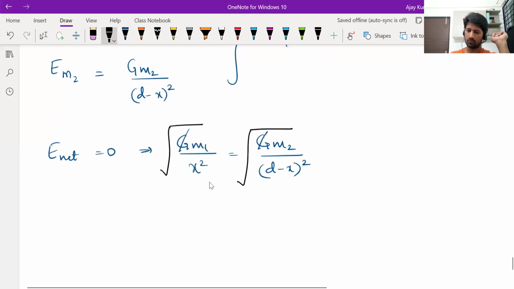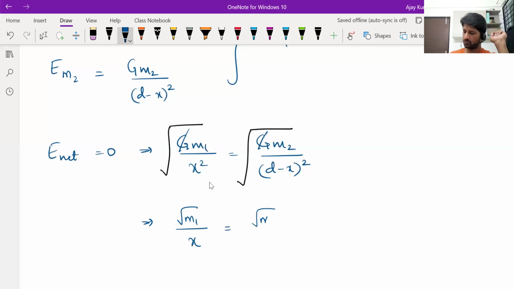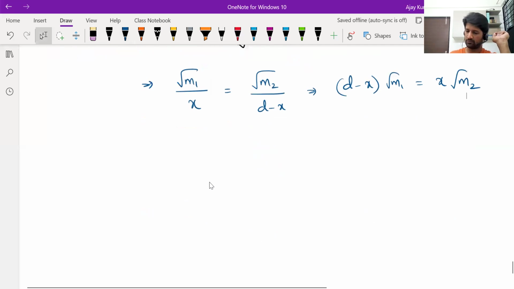If you do that, what will you be left with? You get root m1 by x. We are converting it into a linear equation. Is equal to root m2 by (d minus x). That's all. Now cross multiply. (d minus x) into root m1 is equal to x into root m2. Okay. Send the x root m1 to that side.